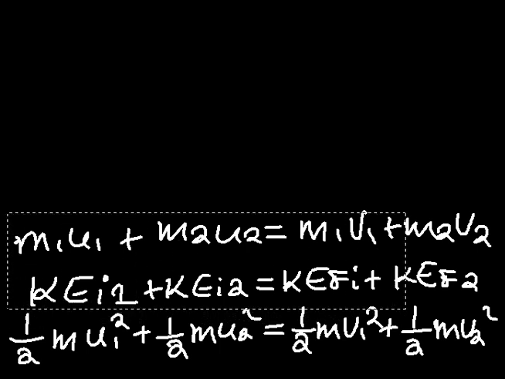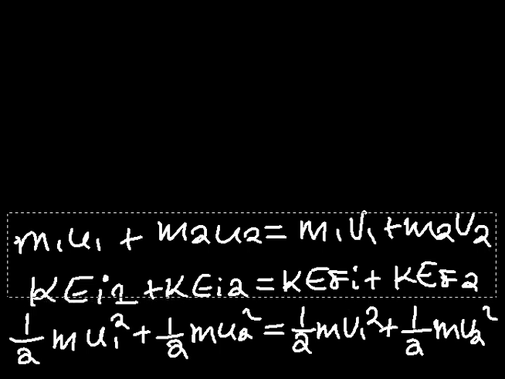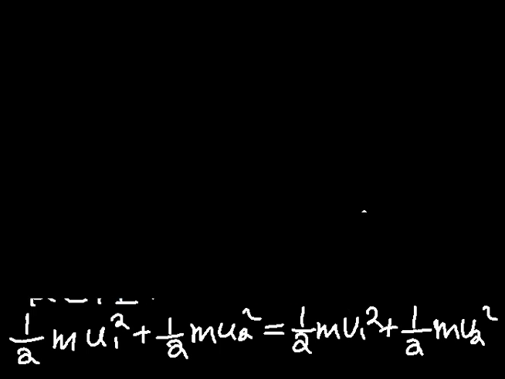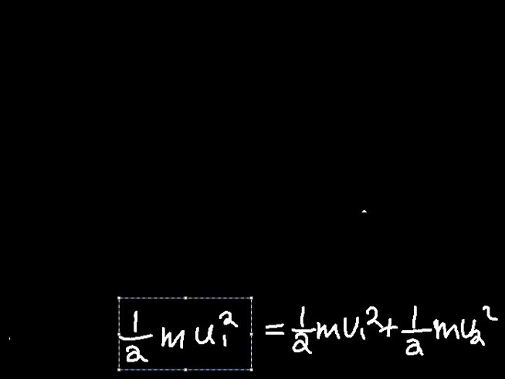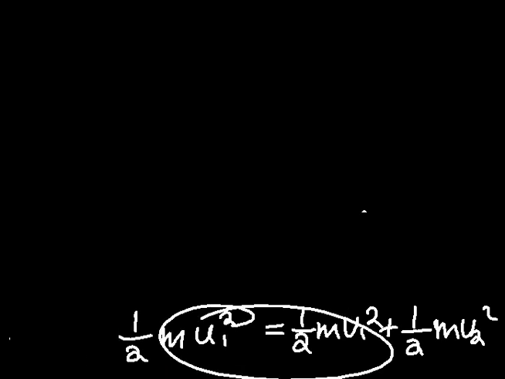Likewise, whenever one object is at rest before collision, the initial kinetic energy of that object will not appear, so we will not have this term. We just have this. This is the formula for energy conservation whenever one object is at rest before they collide. So keep that in mind.